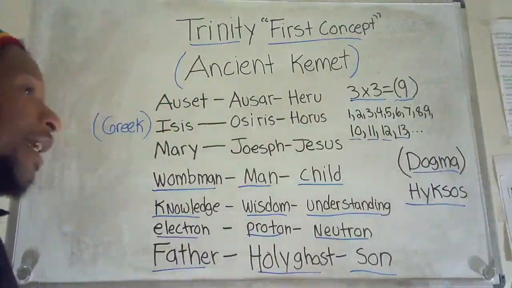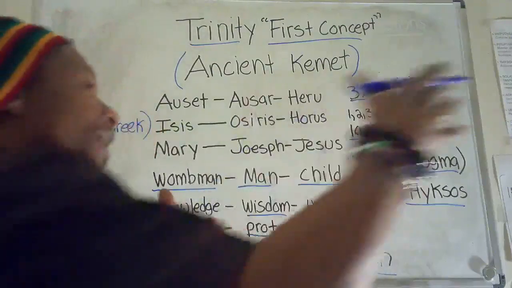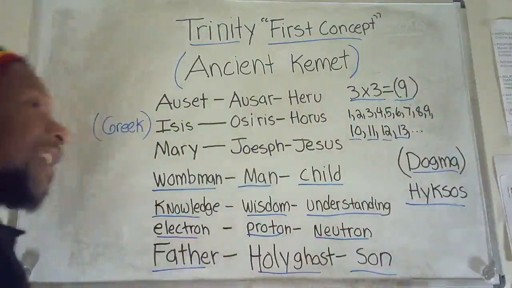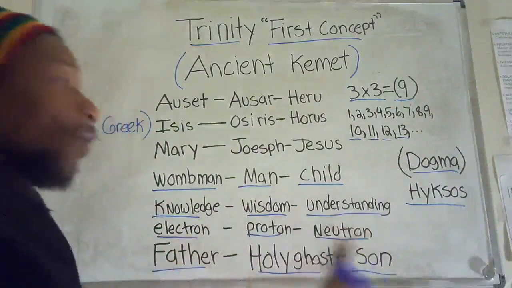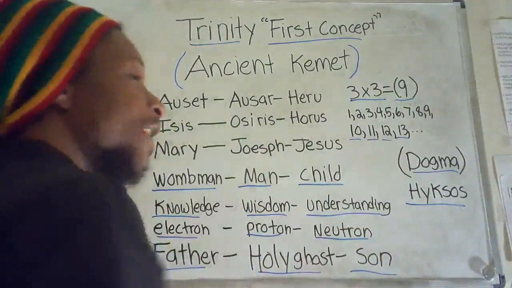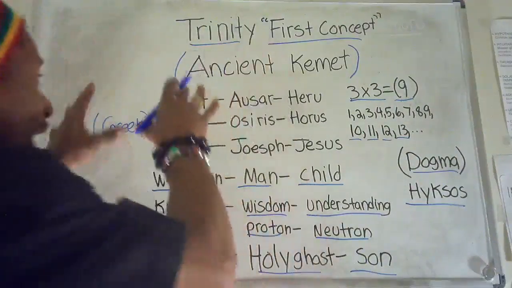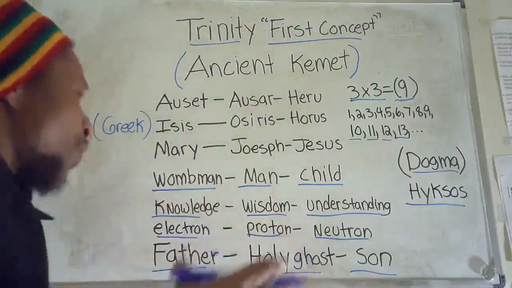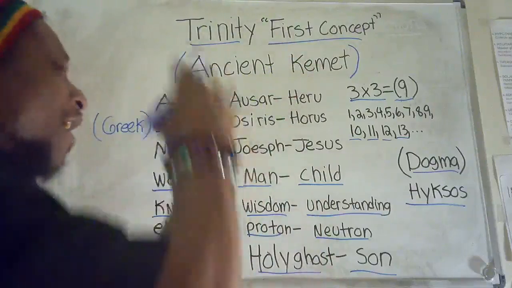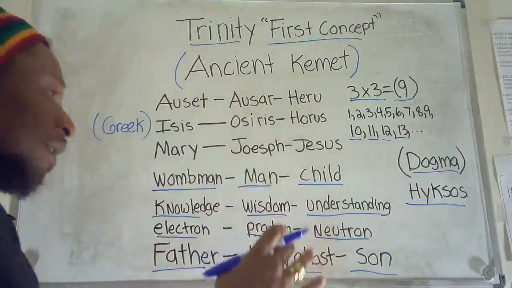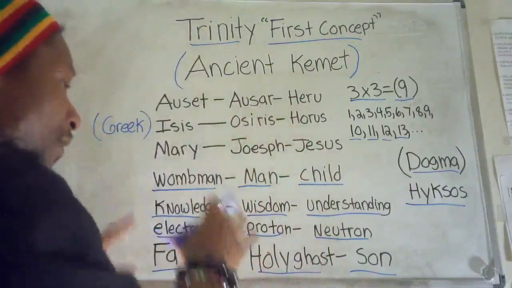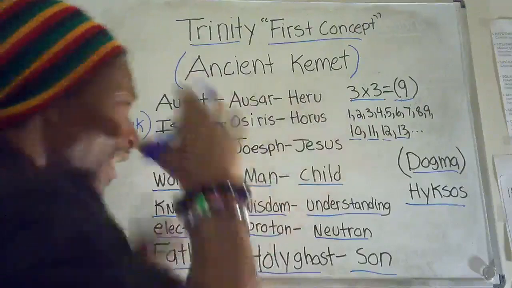That's why they speak in the Bible about Adam and Eve. They say that the man was first, but really it was the woman, because the woman births and gives creation. That's why back in ancient Kemet, those who understood culture knew that the power was within the woman. So we need to understand that concept.